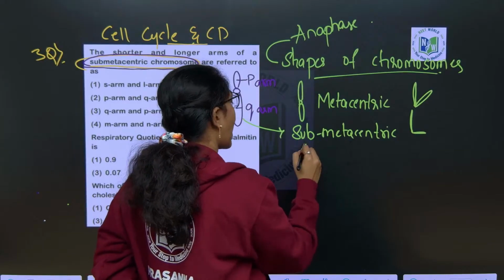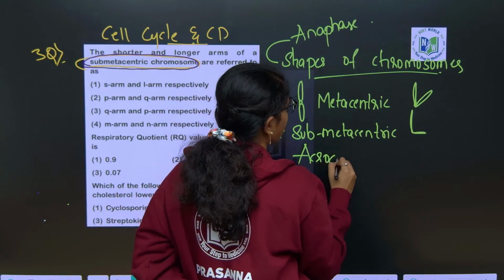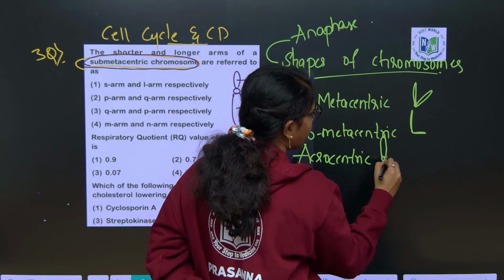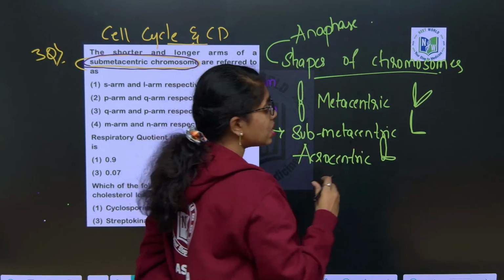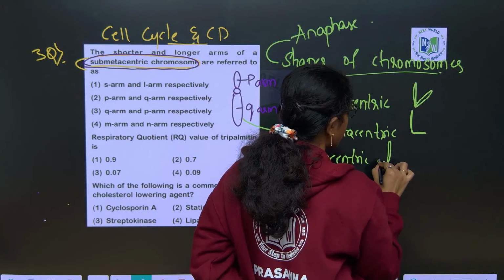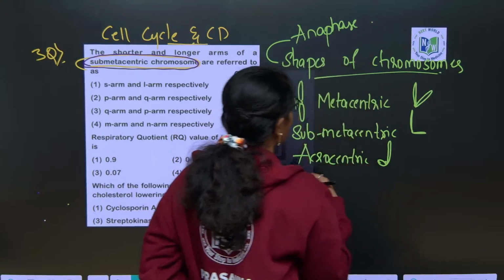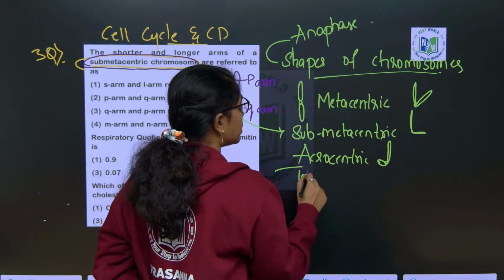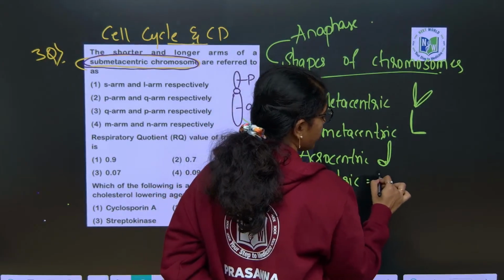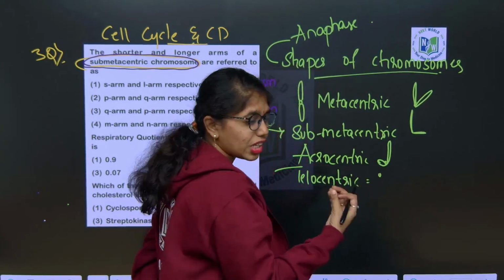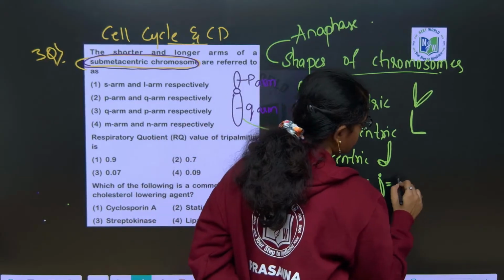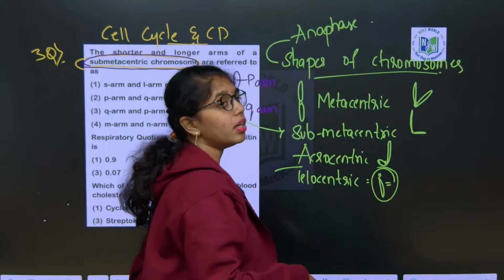Then comes the acrocentric chromosome, which has a very long arm and a very short arm. This is a J-shaped chromosome. Last but not the least, the telocentric chromosome has one negligibly short arm and one very long arm. This is an I-shaped chromosome.